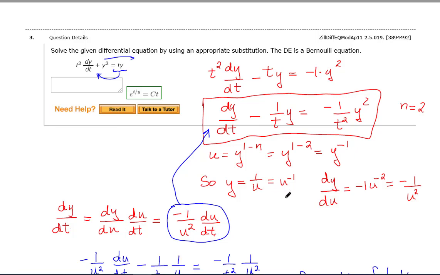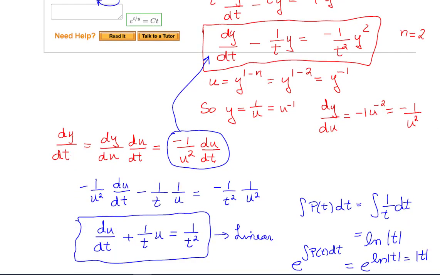So the derivative of y with respect to u then is minus 1 in the front, drop this by 1, and so I get minus 1 over u squared. All right, so dy dt is dy du, du dt. All right, that's going to fill in for this piece in the front. And now each of these y's I have to fill in as 1 over u.